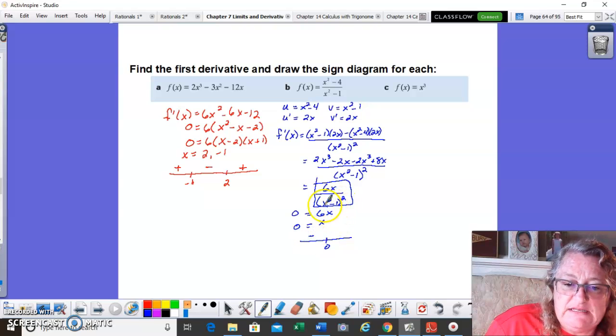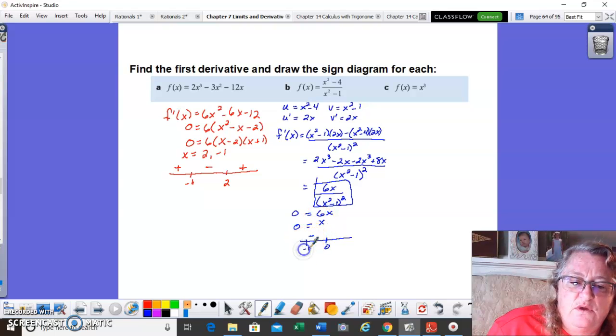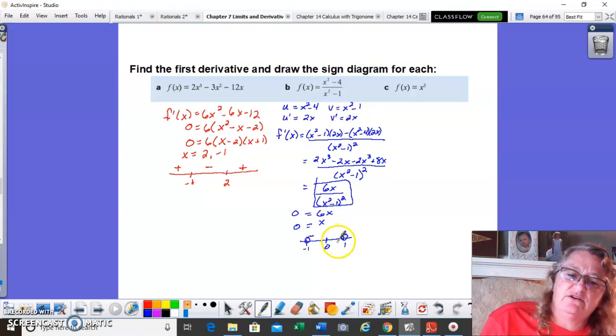Okay, but I do need to consider the fact that I have a rational expression here. So I do actually have values where I'm going to have asymptotes. And the asymptotes are going to occur at 1 and -1. So I've got to take those into consideration as well. So I'm going to put those as open circles. So I'm showing that they're an asymptote because I'm not actually going to have values there.